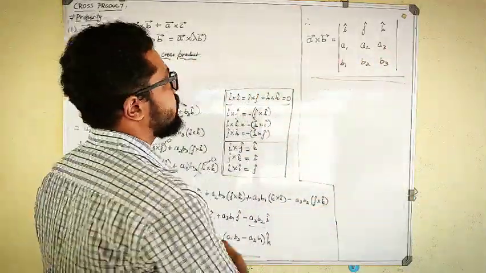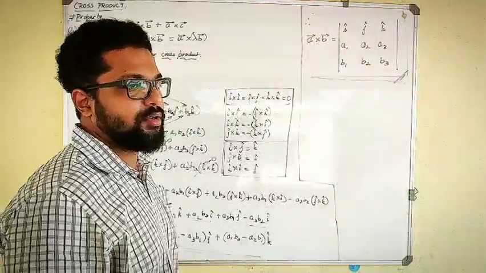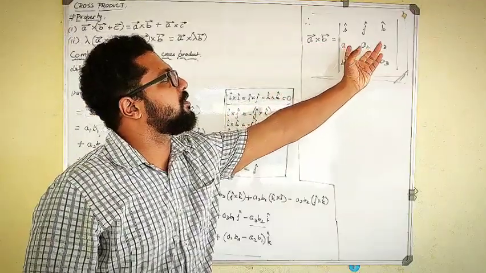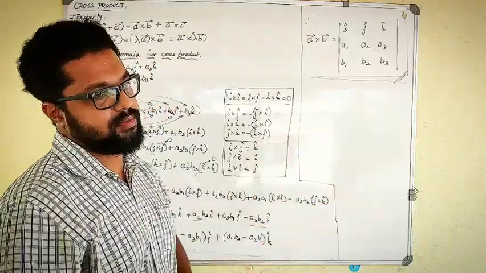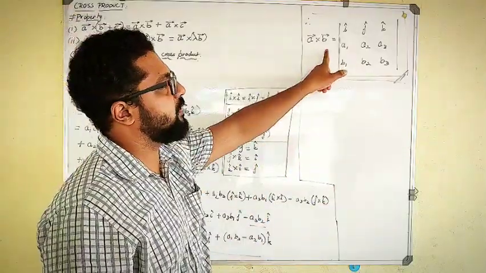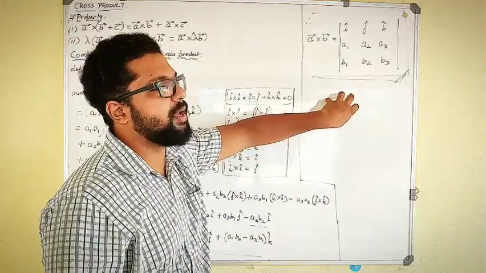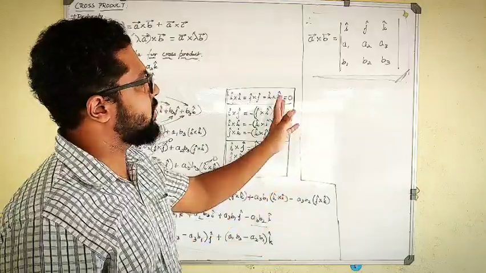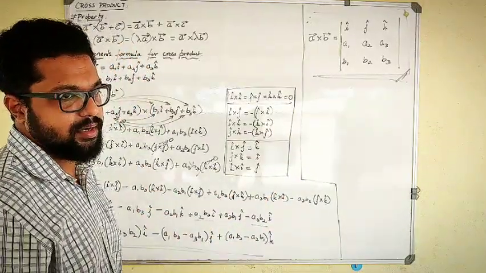So this is going to be my final formula for cross product. Using given two vectors, I can substitute their components in this one, expand and find out the cross product of that. And that cross product will be in the vector form: something of I cap plus something of J cap plus something of K cap. So that is how you can remember and understand this formula derivation.